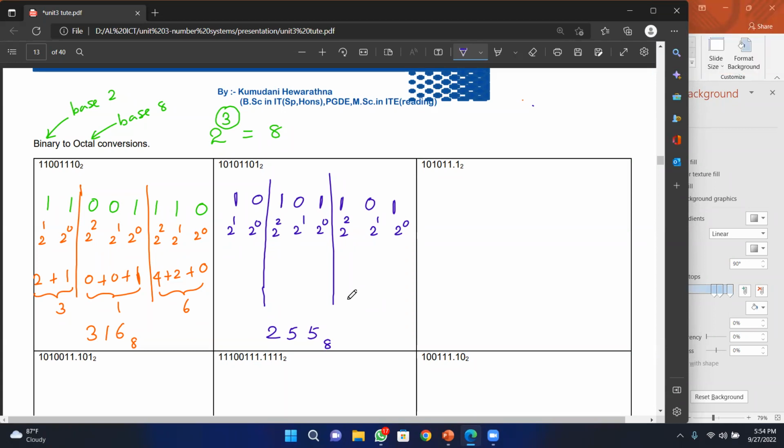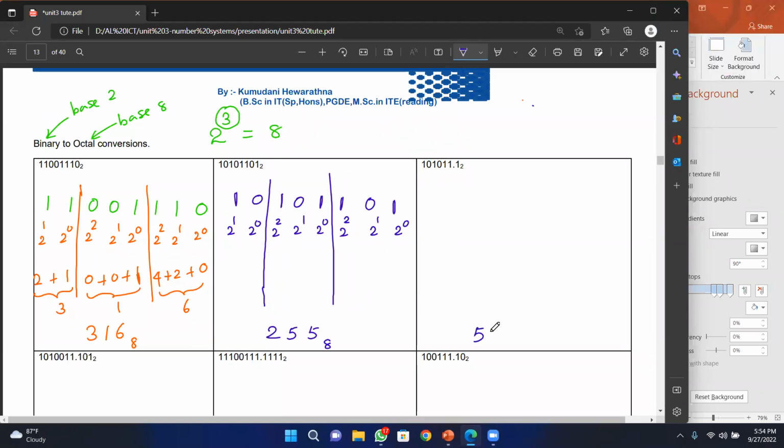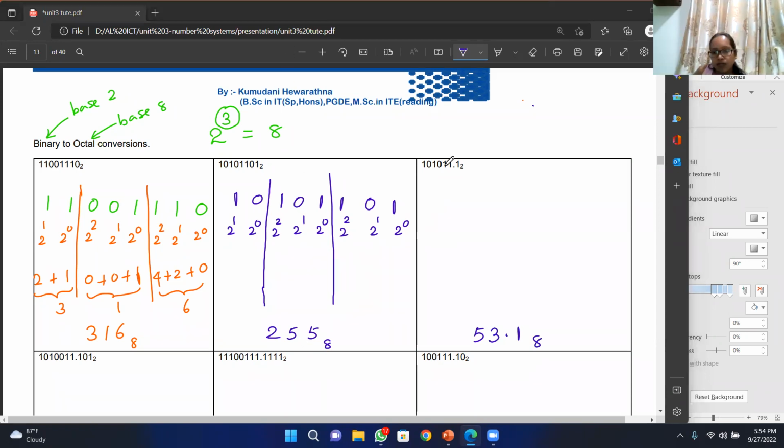Teacher, I got 53.1 to the base 8. Which one? Third one. 53.1 to the base 8. Let's check. 53.4 has taken some. So enough, we check.